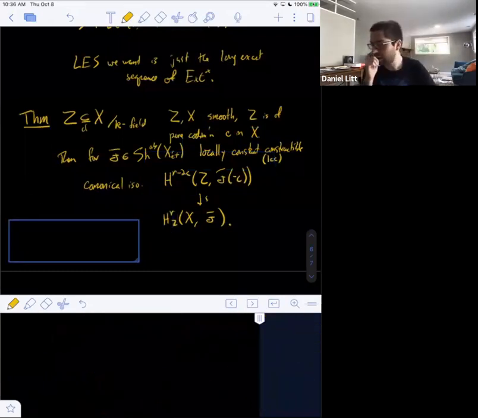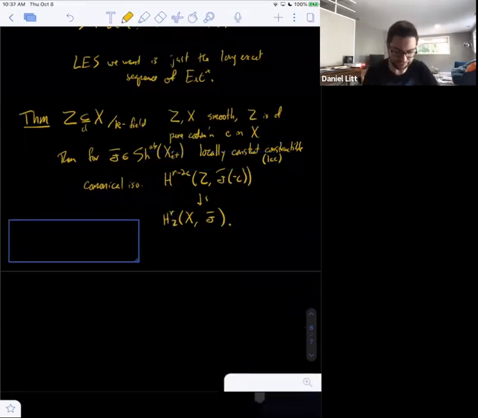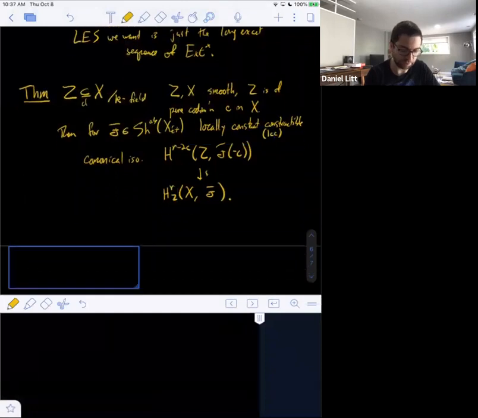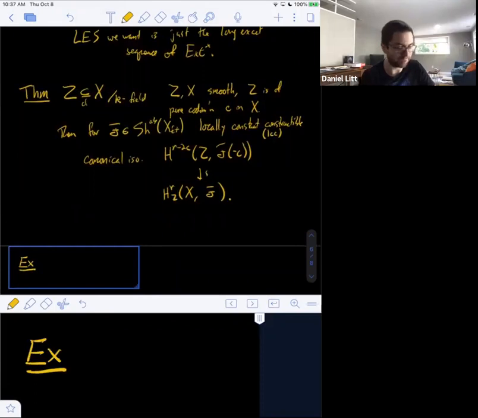All right. This is sort of telling you what these things are. We'll see some examples of this later on, but let's try an example. What's your favorite example of a smooth pair like this?